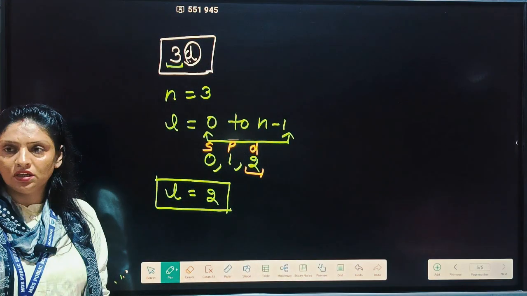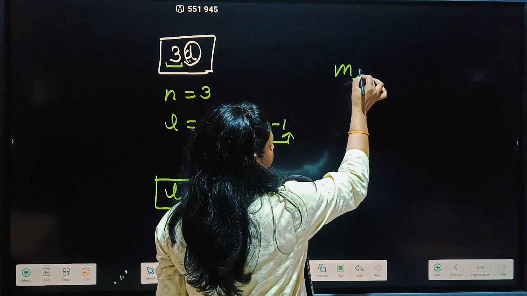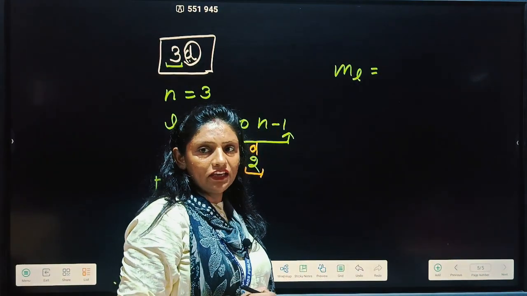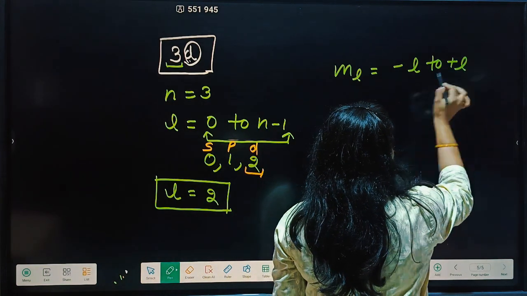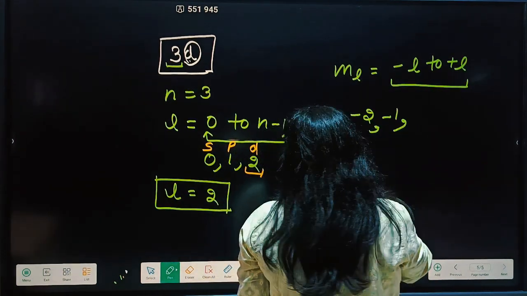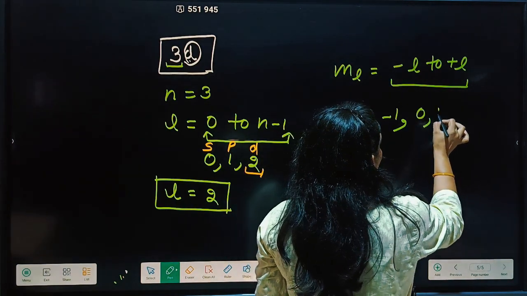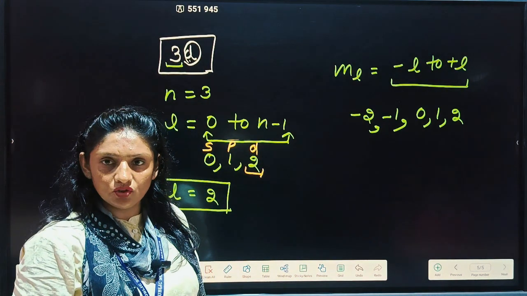Clear or not? Then students, you will write ml. So ml lies between minus l to plus l. Then the values may be minus 2, minus 1, 0, 1, 2 in this way. Clear or not?